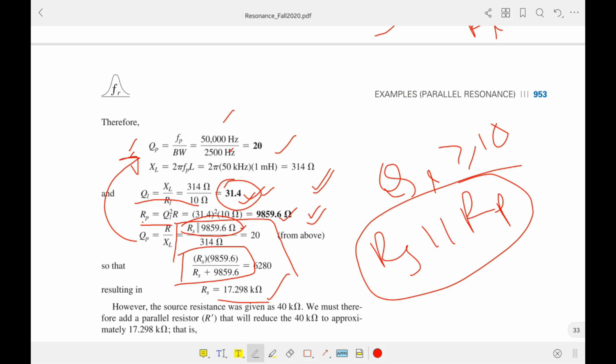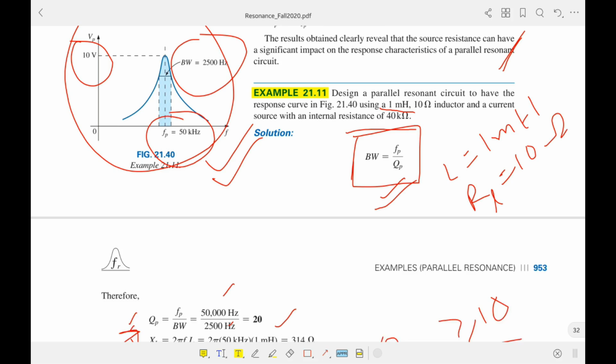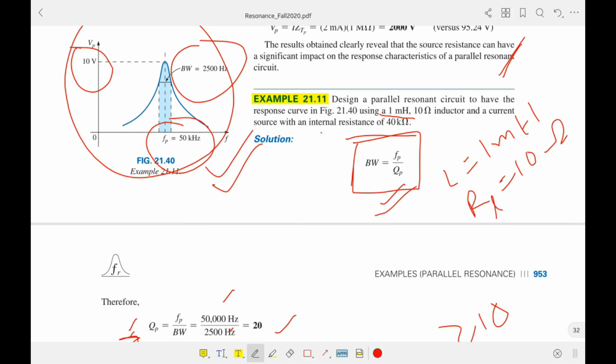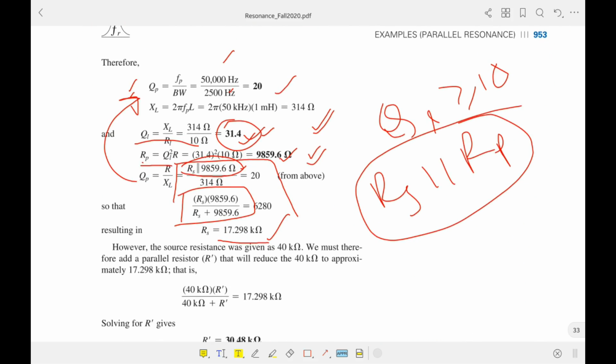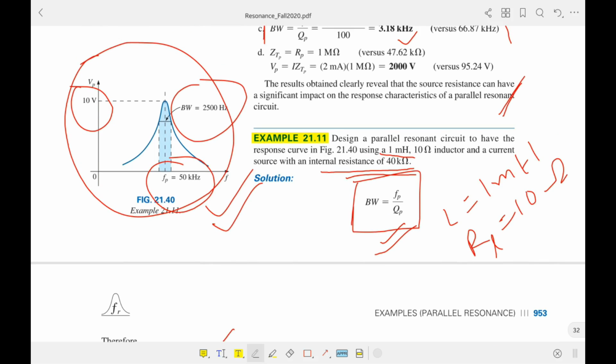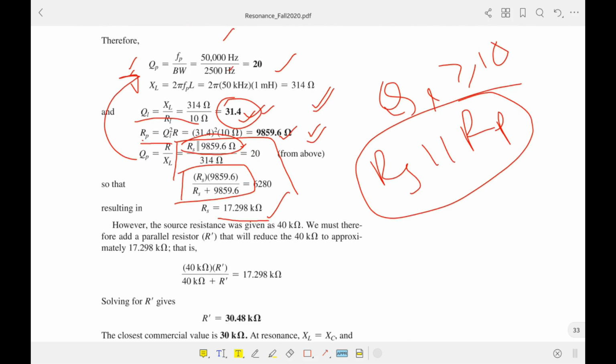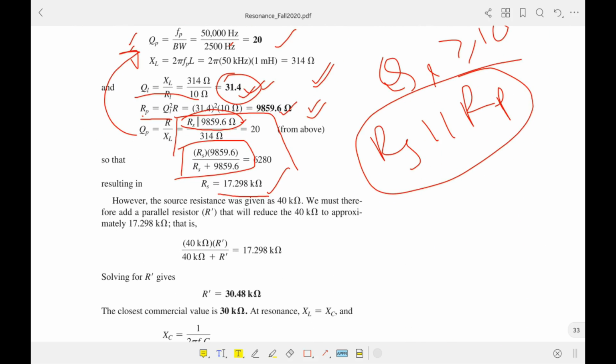So RS appeared as 17.298 kilo ohm, but in the problem it was already mentioned that the current source has the internal resistance of 40 kilo ohm. So source resistance 40 kilo ohm is already given, but to have this sort of characteristics, you identified that you need only 17.298. So how do you minimize that 40 kilo ohm?